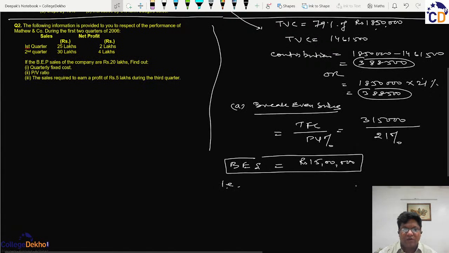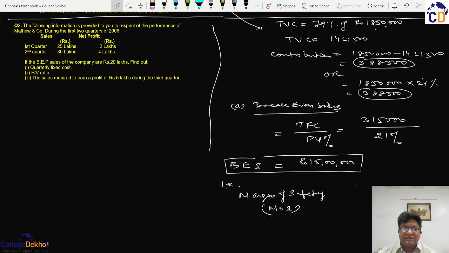Therefore, the margin of safety, commonly written as MOS, is the excess of total sales over break-even sales, that is, total sales minus break-even sales. In this case, the total sales was 18 lakh 50,000 and the break-even sales was 15 lakhs.